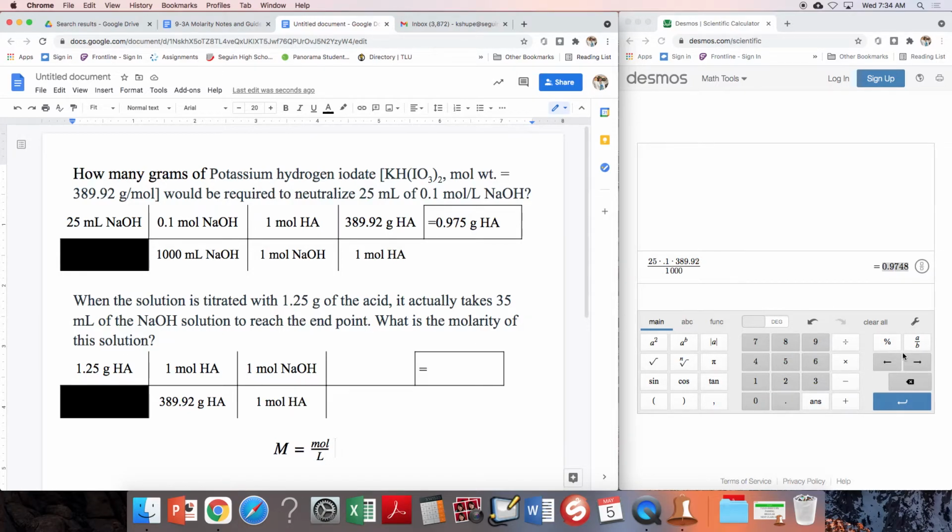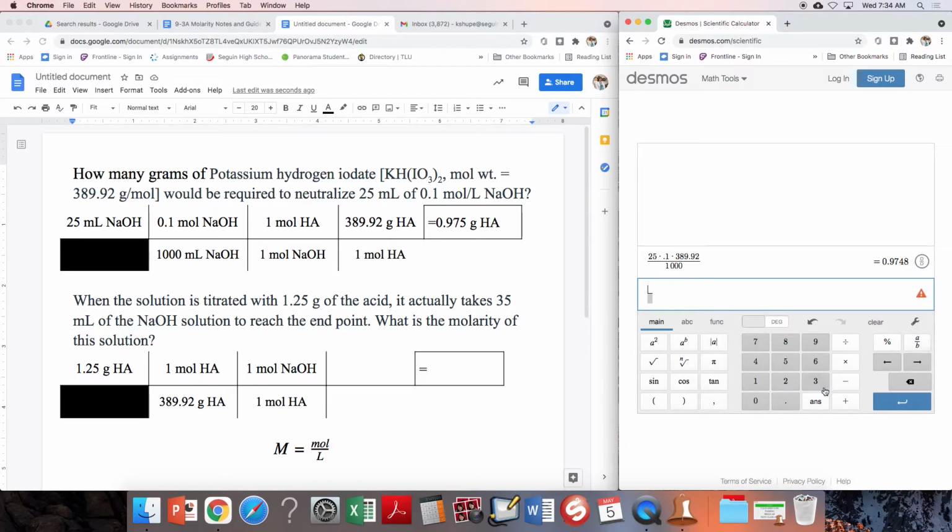So let's get our moles. Again, we're going to use the fancy divide. And we're going to multiply the things on top, which actually there's really not that much to multiply and divide in this because we had a lot of ones. So we got 1.25 grams divided by 389.92.